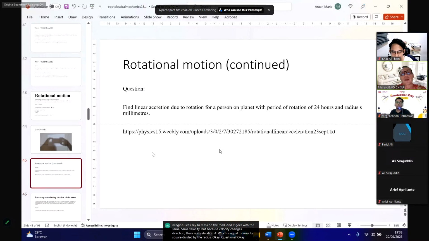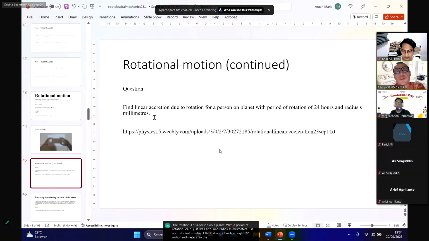Okay, the next slide asks you to find the linear acceleration due to the rotation for a person on a planet with a period of rotation of 24 hours, just like Earth, and radius S millimeters. S is your student number, I think about 22 million, right? 22 million millimeters.